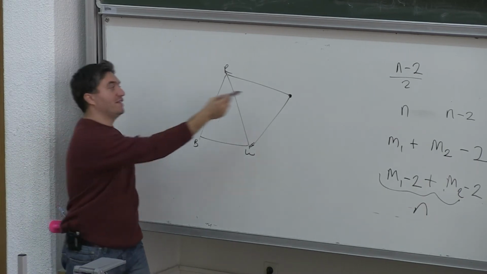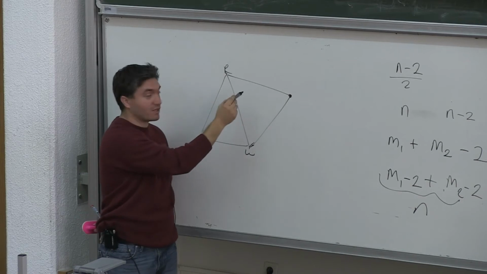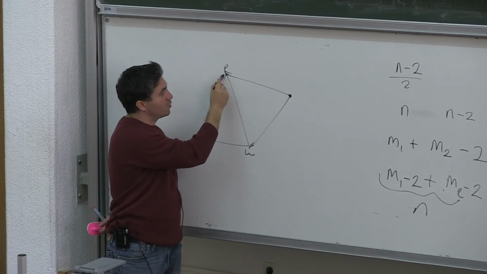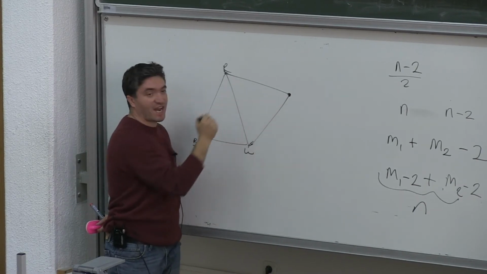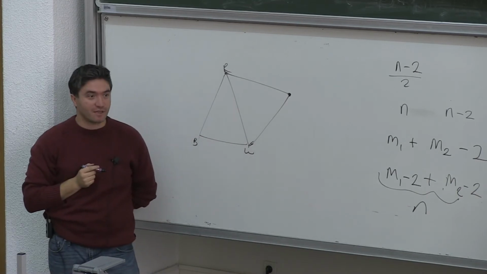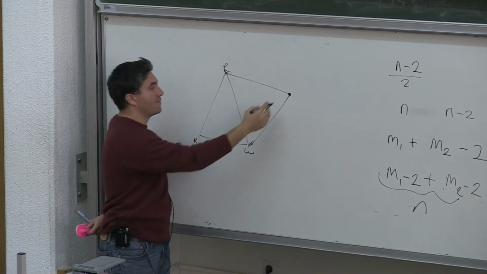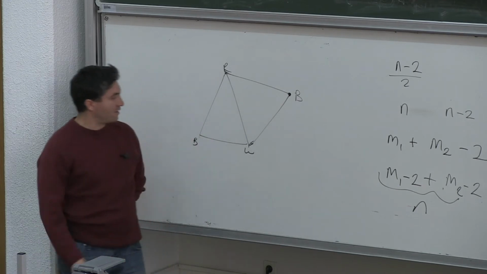It cannot be red, it cannot be white, because our constraint is that two vertices that share an edge should be colored differently. So the only thing left for me is to color it black.